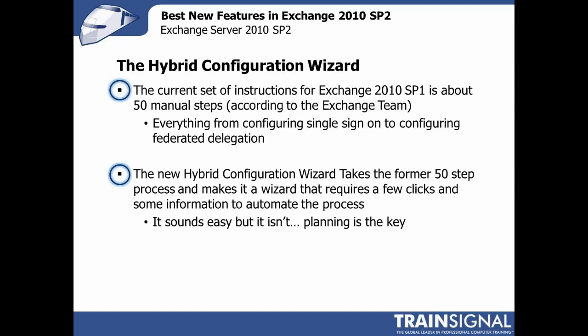There's still a lot of work that goes into this in terms of adding the Office 365 into your Exchange Management Console as an additional forest. That has to be done first. And then even though you can start the wizard and get things moving forward, that's just the first part of it. Then you have to go in and work through the various screens and provide the information requested in order for the wizard to do the next part. So it's not as easy as it sounds, but it's certainly a whole lot easier than the process that existed with Service Pack 1.